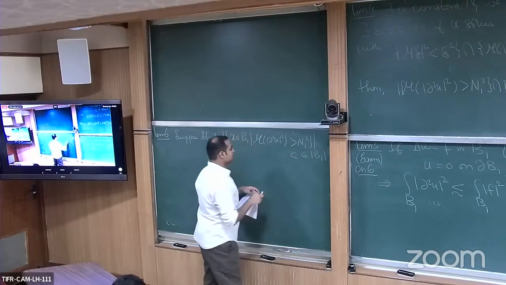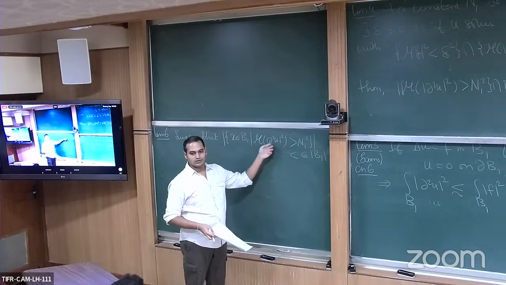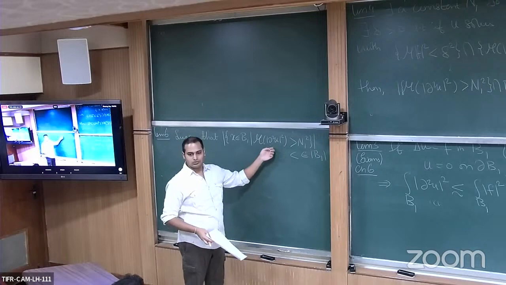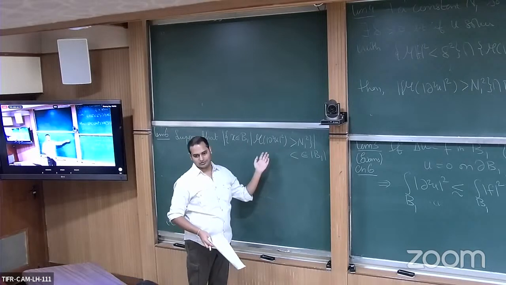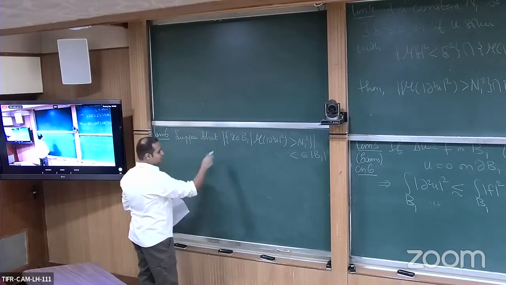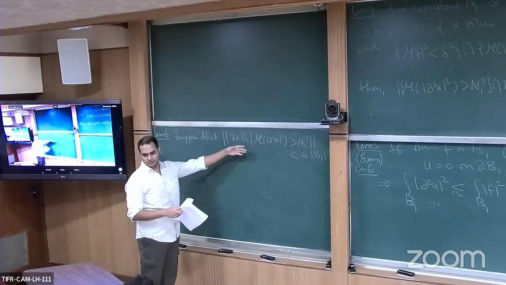Remember, this is not a restrictive assumption. Why? Because we are multiplying u by a suitable constant, I'll write the constant later. You can always ensure this, so this hypothesis is for free.